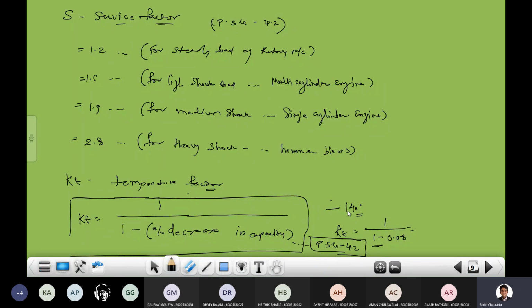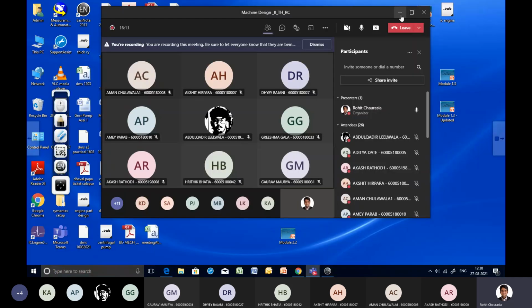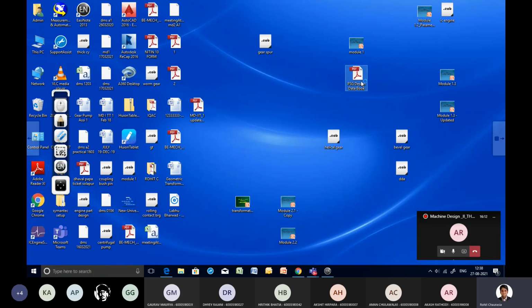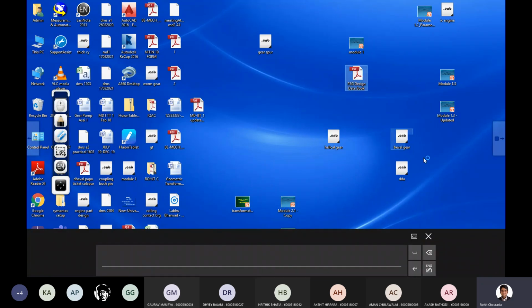We considered 140 degrees, and for that we referred to PSG 4.2, and we got the percentage decrease in capacity as 0.08. That is 8%, but after dividing by 100 we get 0.08. So let me open the PSG to show you that part. Okay, every time we need that one.